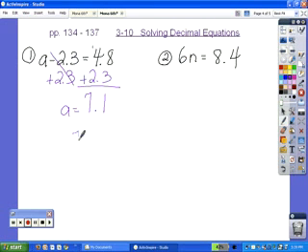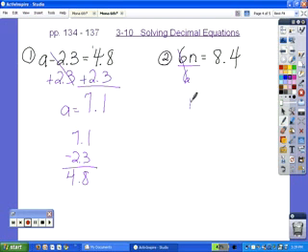I do recommend doing the check work. If you put A in for 7 1/10, you should be able to subtract 2 3/10 and get 4 8/10, and that works. 6n means 6 times n, so to undo multiplication, we're going to have to divide.